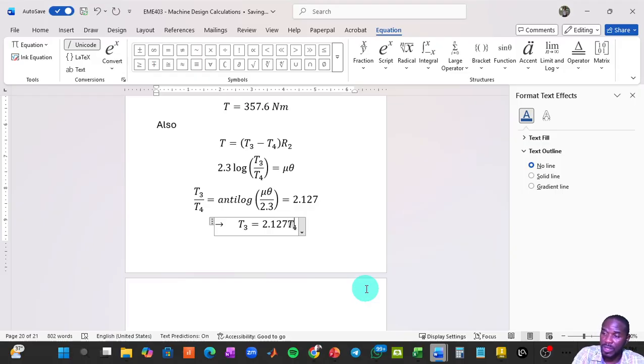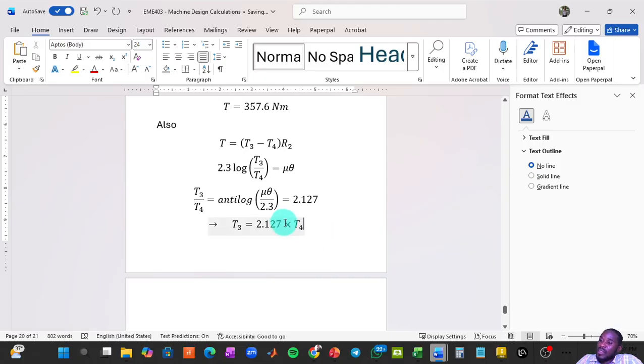I put the times there to make that look a little bit more beautiful. There we go. Okay. So I can take this and put back in this equation, and then that will make me have just one unknown.